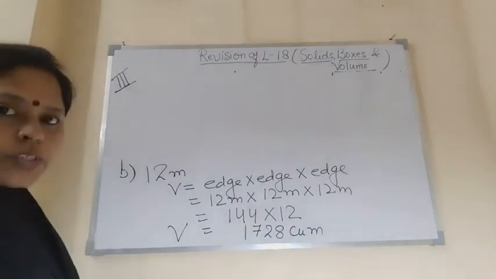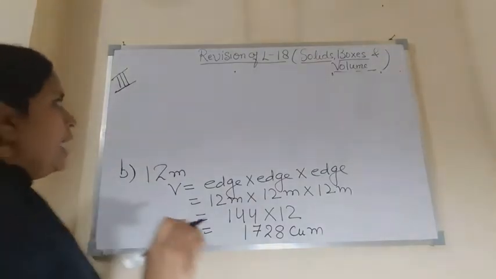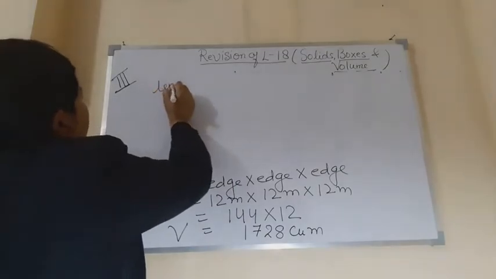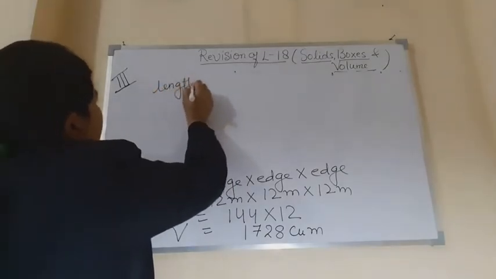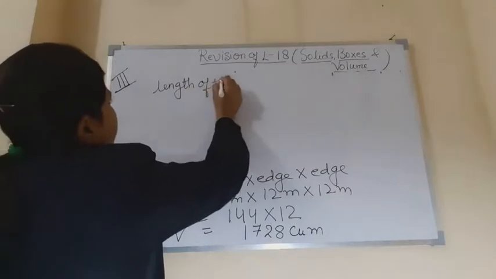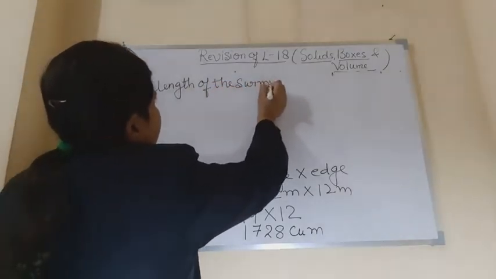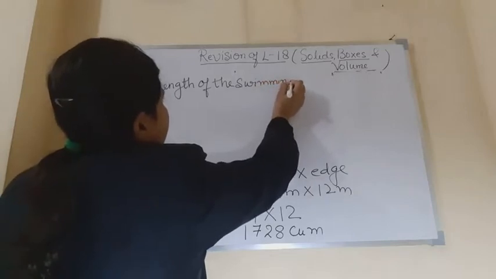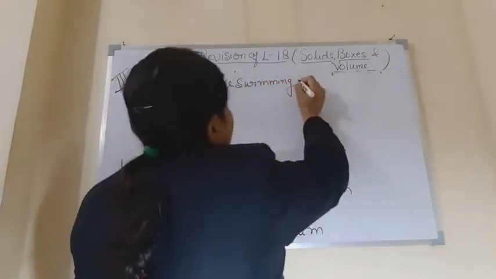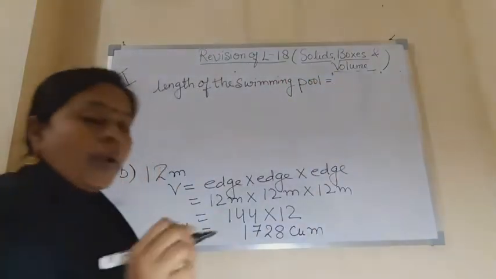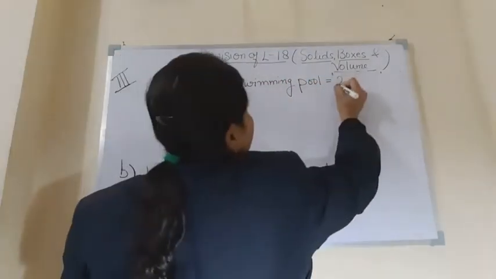In this question, what is given? That a swimming pool is given, and what is the length of the swimming pool? The length of the swimming pool is equal to 25 meter. So let us write down.